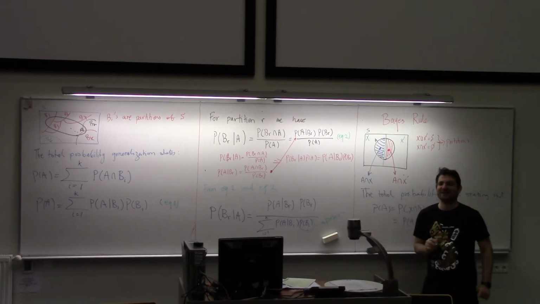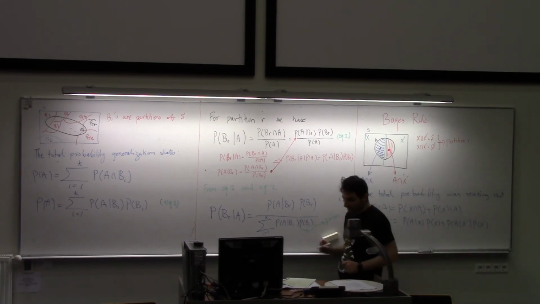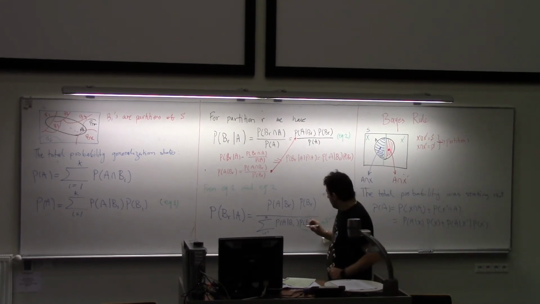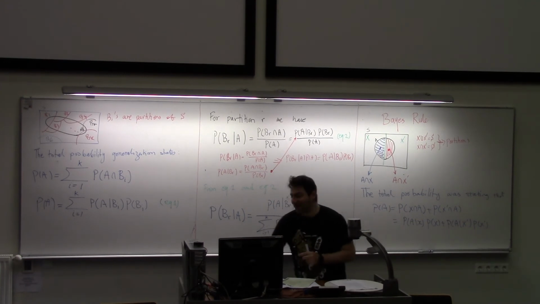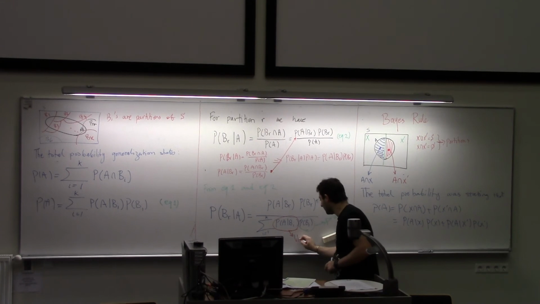The probability of Bi is known as the prior probability. The probability of A given Bi is called the likelihood.